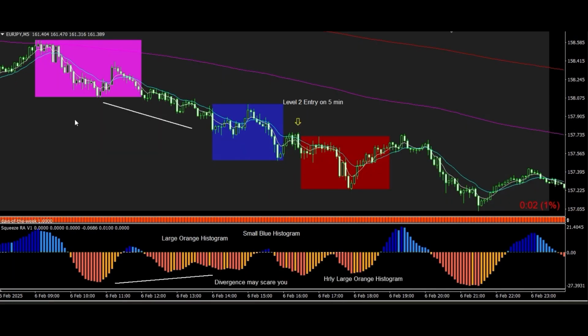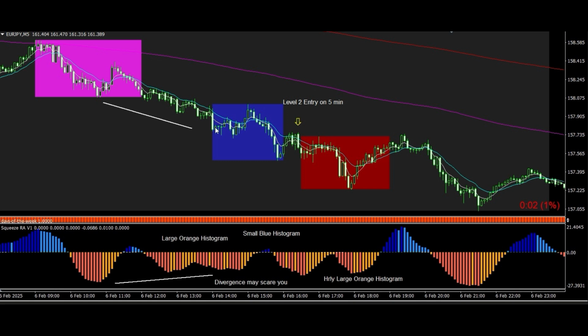We see a divergence on the histogram that would give us pause and might caution us not to enter this trade. But we see, if we do the count, level 1, level 2, level 3, and then we see a level 1, a level 2, and this does not close beyond this low.